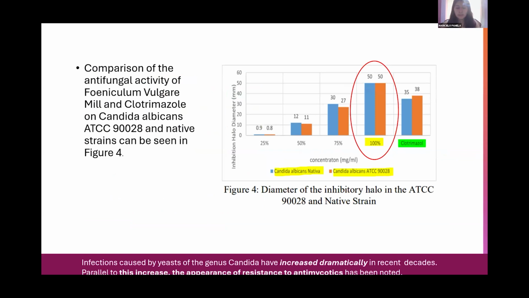When comparing the inhibition zone in the different concentrations of the essential oil to clotrimazole, it was found that the largest inhibition zone was obtained at the 100% concentration, with a zone of 50 millimeters in both the native strain and the ATCC, exceeding the diameter of the inhibition halo caused by clotrimazole, with 38 and 35 millimeters respectively.